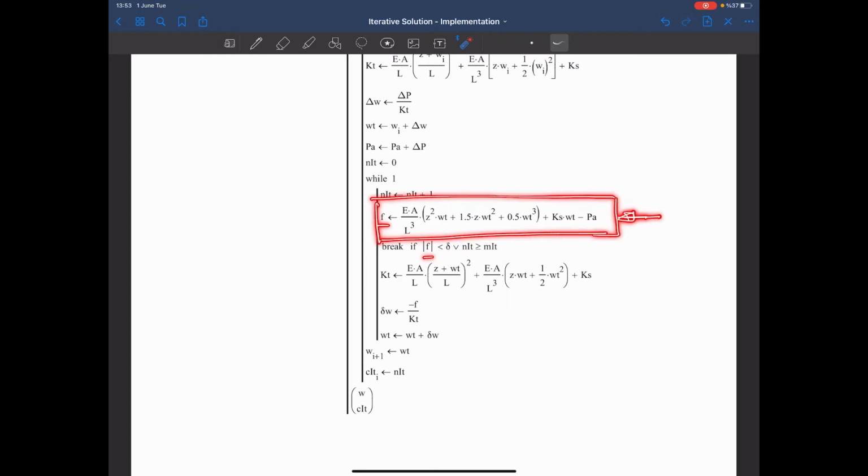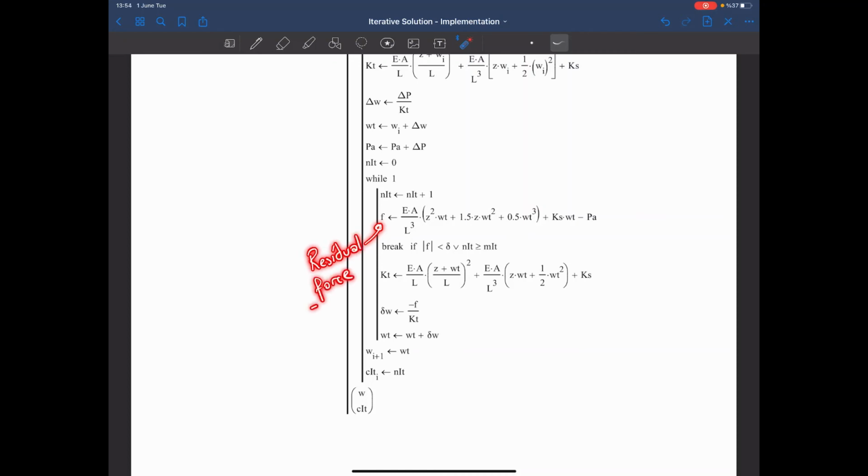So if F is smaller than a certain amount, I say that the equilibrium is satisfied, and then the iterations can end. Okay, so I calculate the F and multiply by P A from it. So this will be my residual force. I'm expecting it to be equal to 0 when the iterations converge.